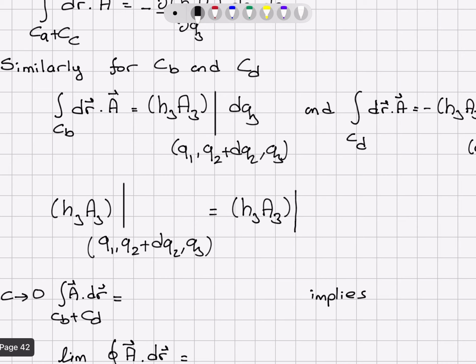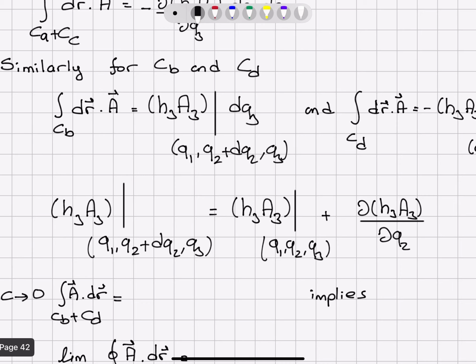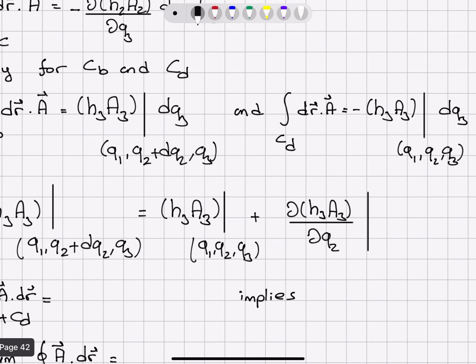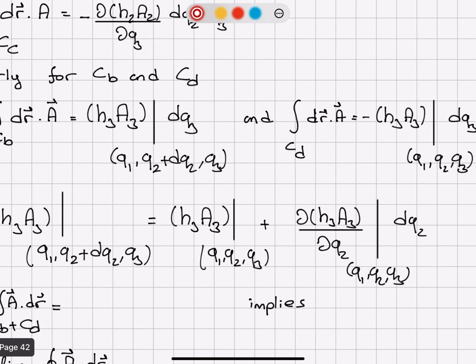H3A3 first evaluated at dQ2 is equal to 0, Q1, Q2, Q3. And then I have to take the partial derivative of H3A3 with respect to Q2 evaluated at Q1, Q2, Q3 multiplied by dQ2. So the similar story happens here.